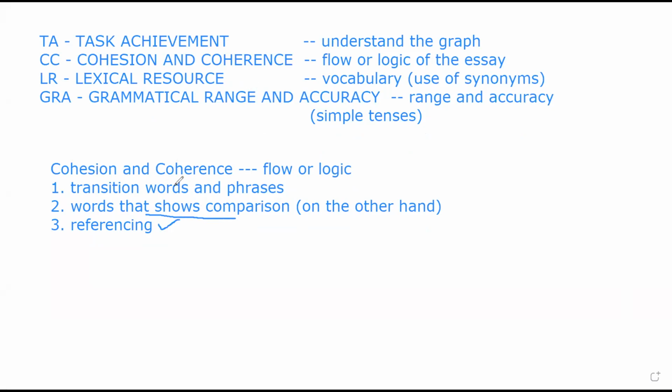Let's check your referencing. Again, we don't use transition words and phrases of adding information, giving explanation, giving reasons, giving cause and effect, not in the data essay. We only use words that show comparison, which I have just shown earlier. Now for referencing, let me show you this one.